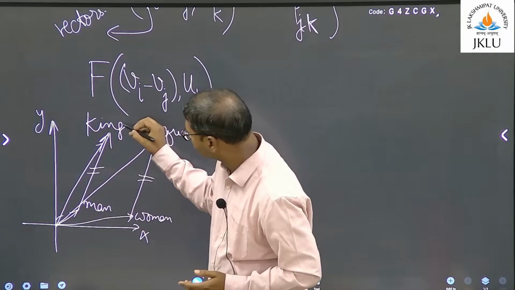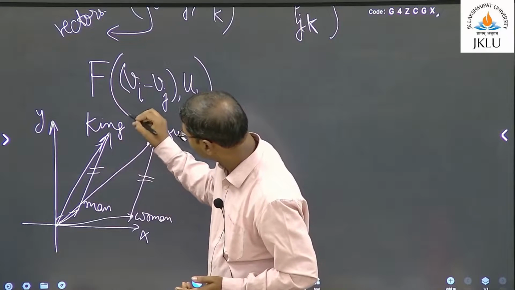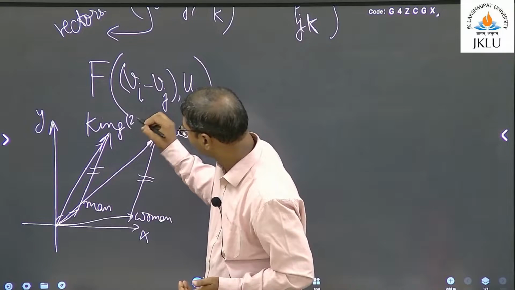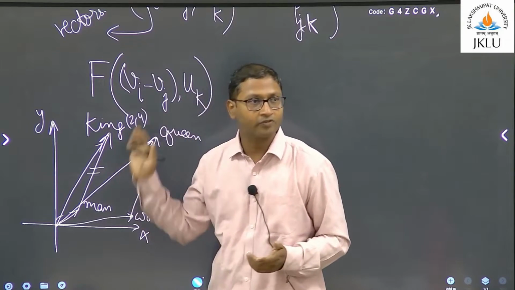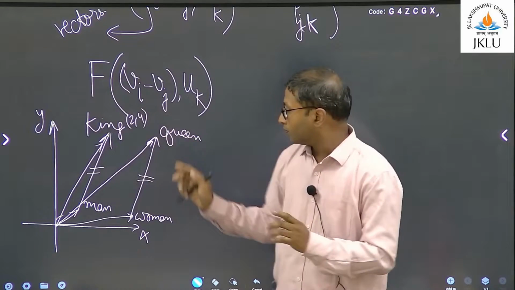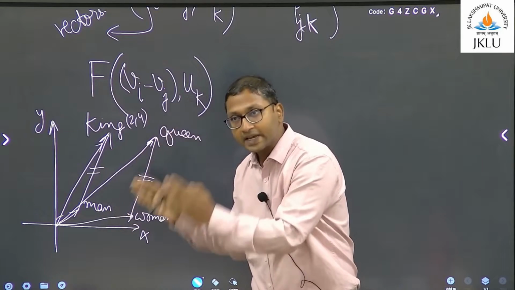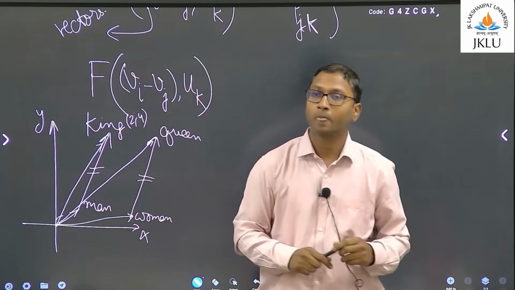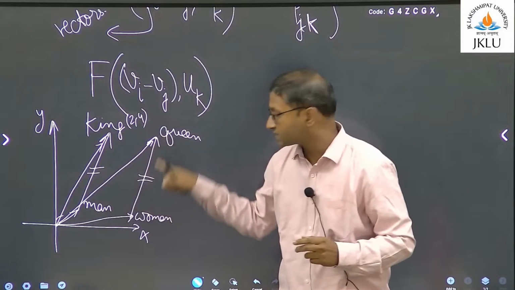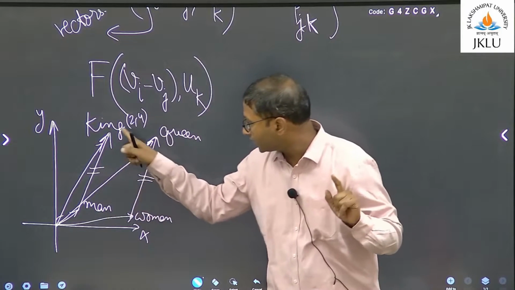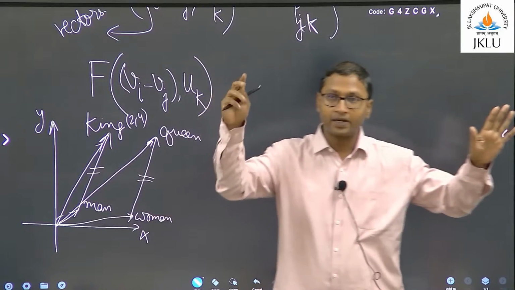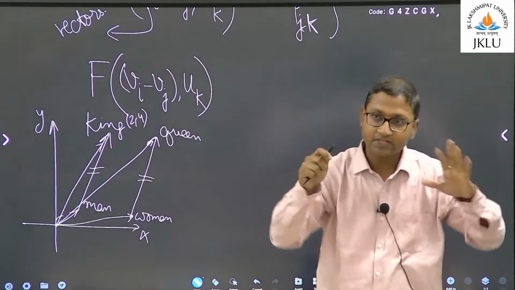So let's say if this was 2, 4, if I rotate, this will be some other number. But if I rotate everything by the exact same angle, what does it mean? Does this relationship still hold? King minus man and queen minus woman will still be parallel. That equation that we wrote that day will still hold.